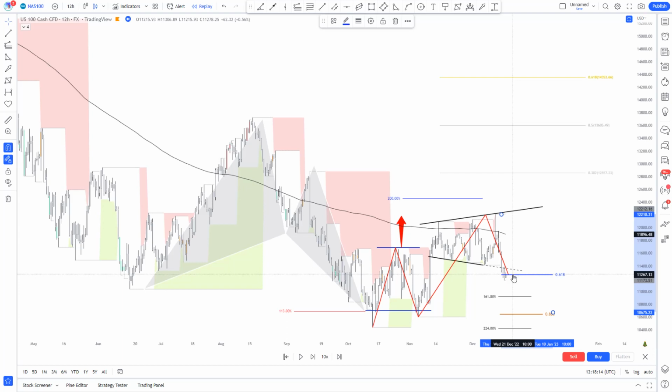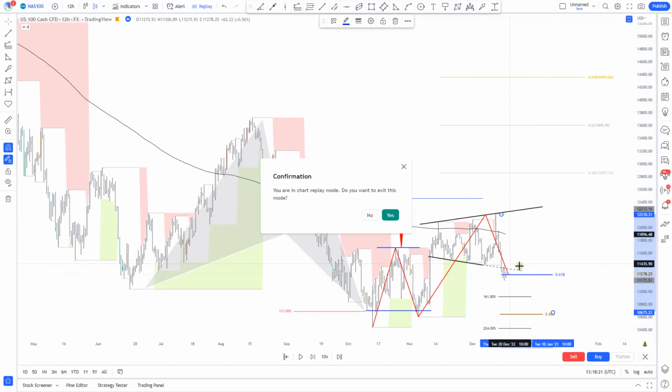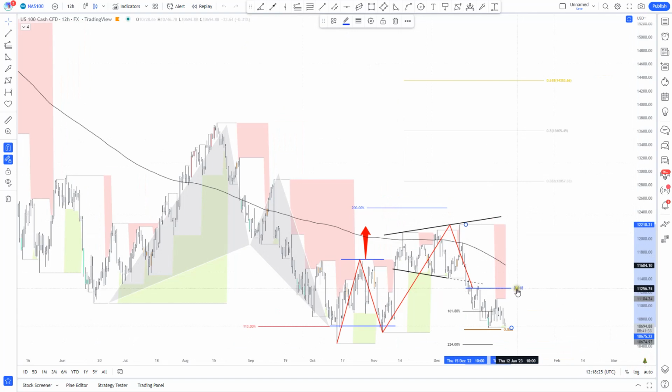It may offer a bounce from this price zone. You can see that the 2618 setup depends on the double bottom.